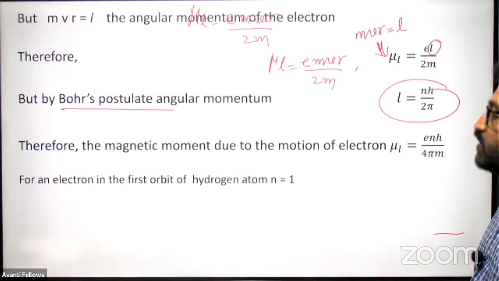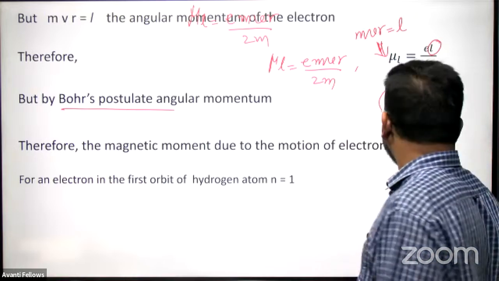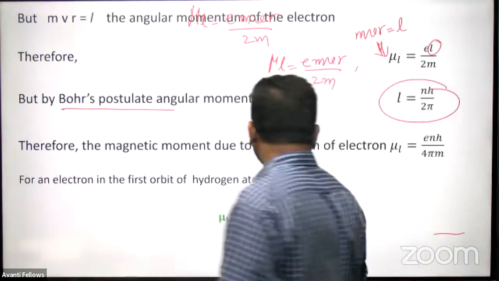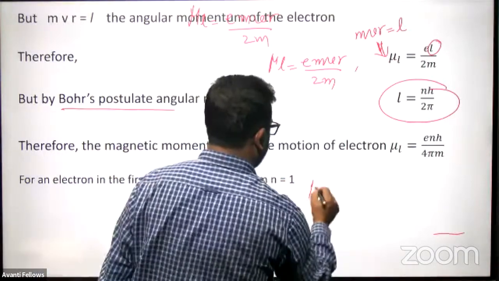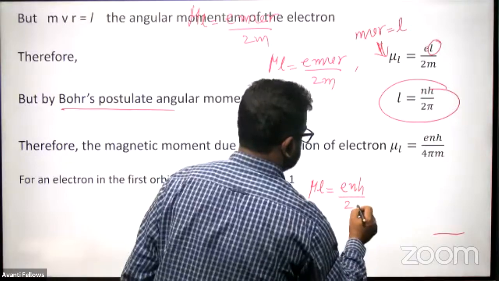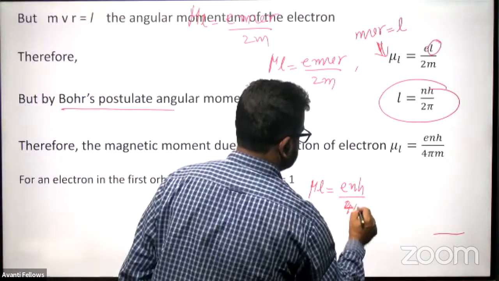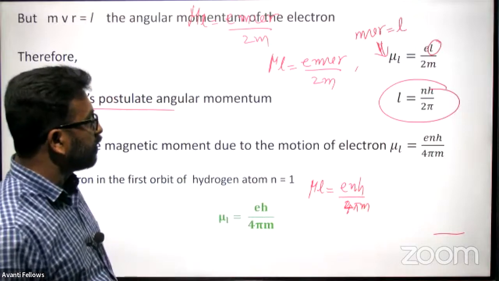For an electron in the first orbit of the hydrogen atom, n equals 1. If n equals 1, we can put n equals 1 in this equation, e into n h by 4 pi m.